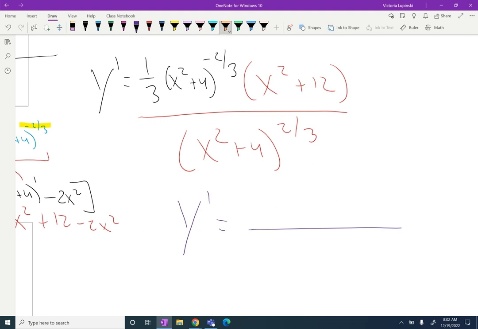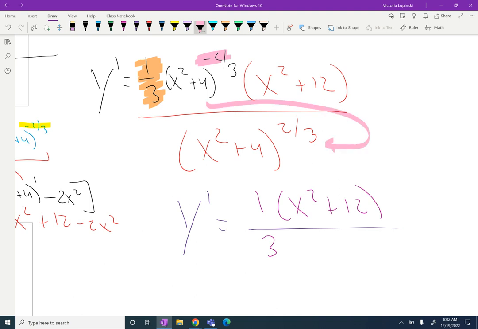Okay. So the first thing I'm going to do is take this 1/3 and leave the 1 on the top and put the 3 on the bottom. The x squared plus 12 is going to stay right where it is. And then tell me how I get rid of this negative exponent. You move it to the bottom.